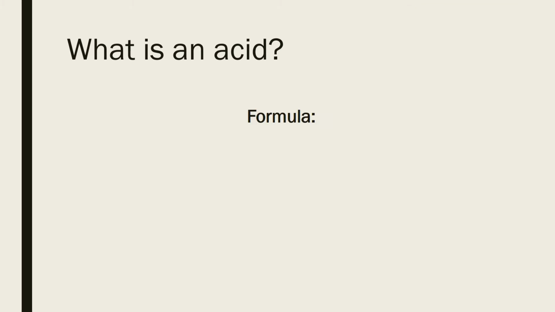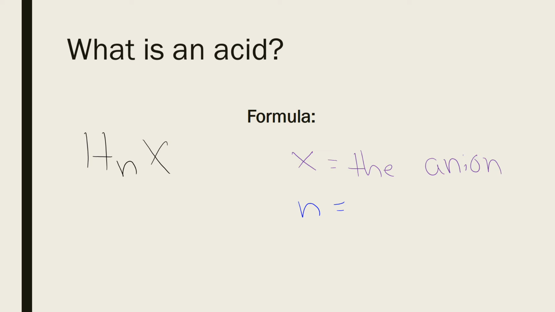The chemical formula involved with acids is usually represented as HnX, where X equals the anion, whatever it may be, and n equals the number of hydrogen to balance out the anion.